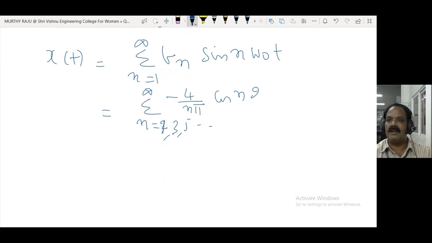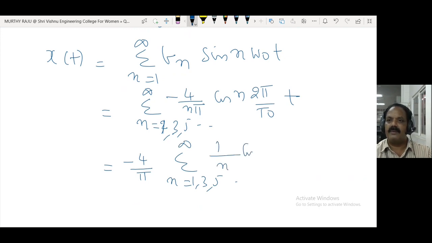Cos n omega naught t, where omega naught is 2 pi by T naught. That is equal to minus 4 by pi sigma n is equal to 1, 3, 5 and so on, 1 by n cos n 2 pi by T naught into t.